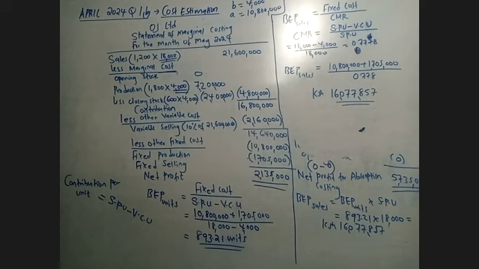On overhead costing, remember we said that overhead refers to the cost incurred indirectly in order to produce a particular product or to offer a particular service. That is what we call the overhead.